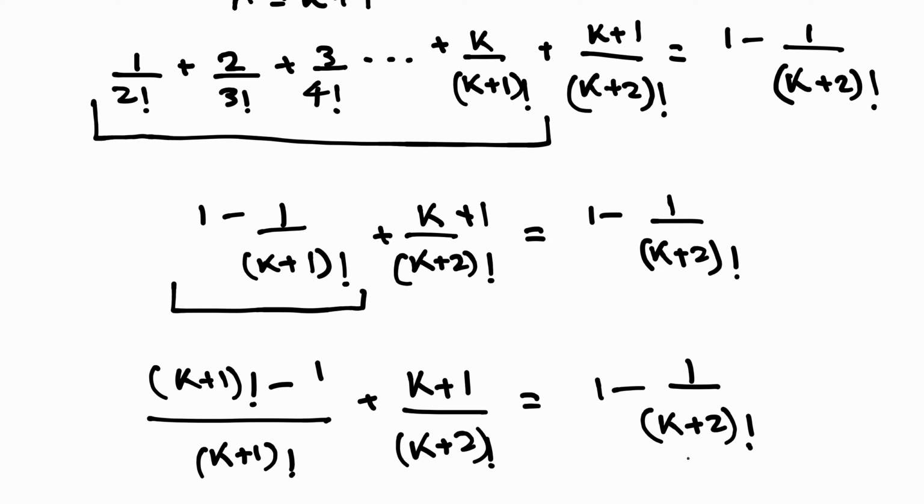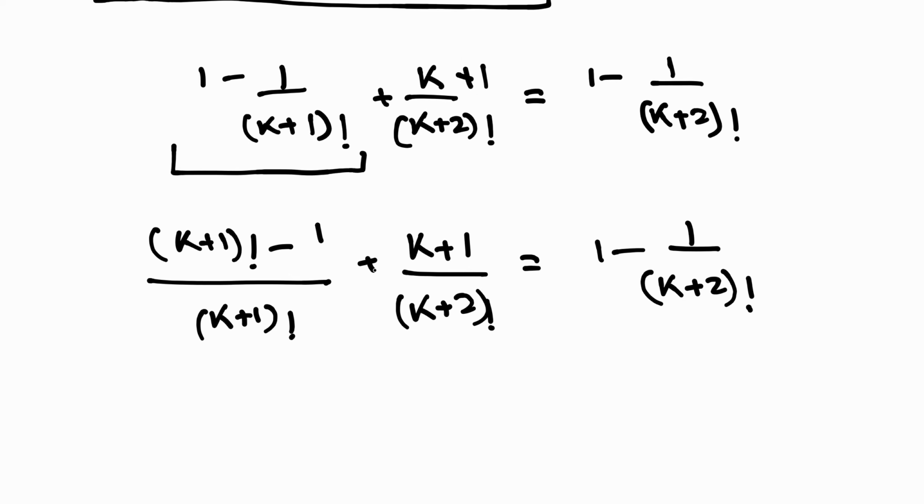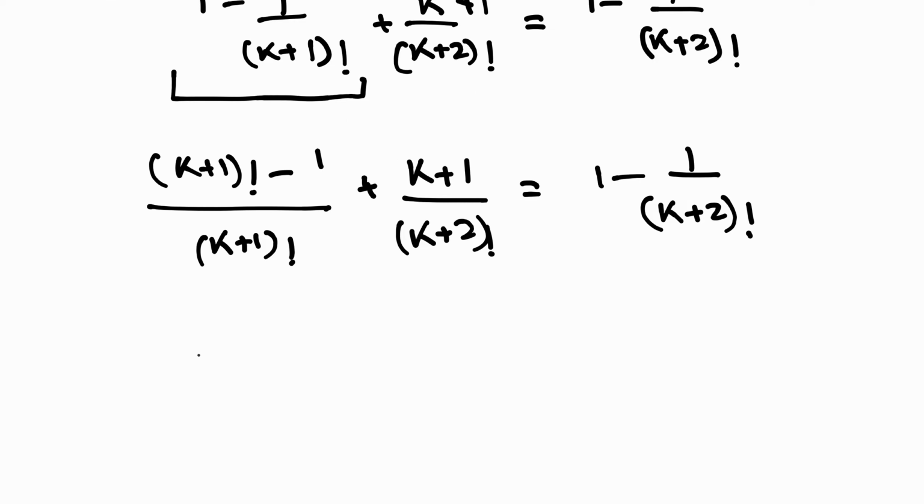Okay, what's the next step? Let's again create another common denominator between these two fractions. What do I need to multiply into (k plus 1) factorial to get (k plus 2) factorial? Well, just k plus 2. If I multiply (k plus 1) factorial times (k plus 2), I'll get (k plus 2) factorial on the bottom. So that's what I'm going to do.